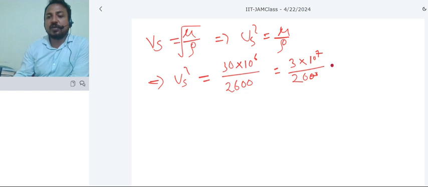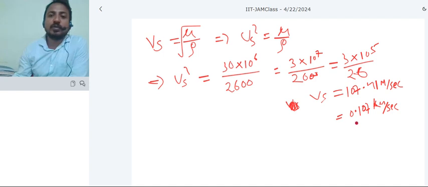Two zeros cancel, so 3 into 10 to the power 5 divided by 26, which gives 0.107 kilometer per second.